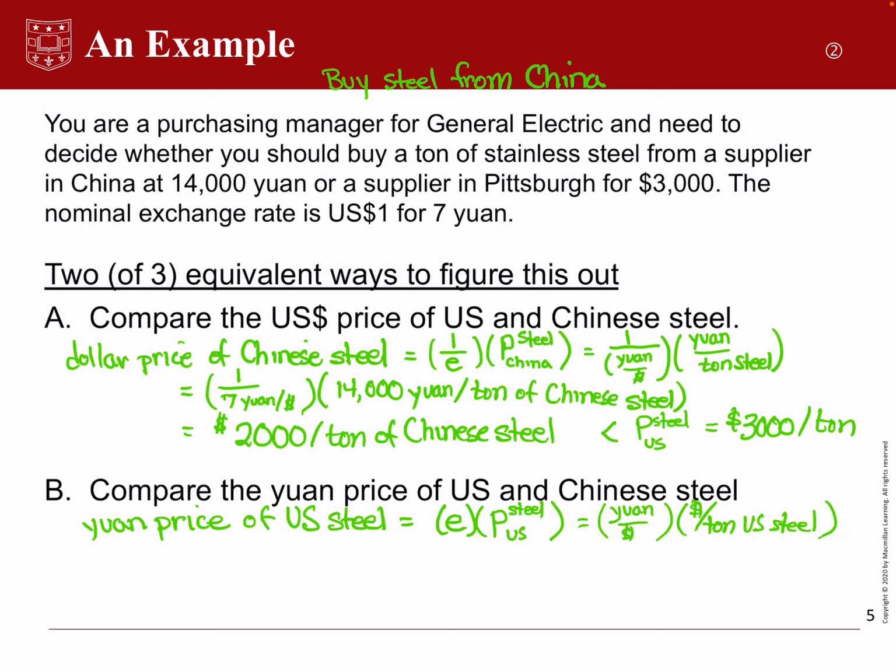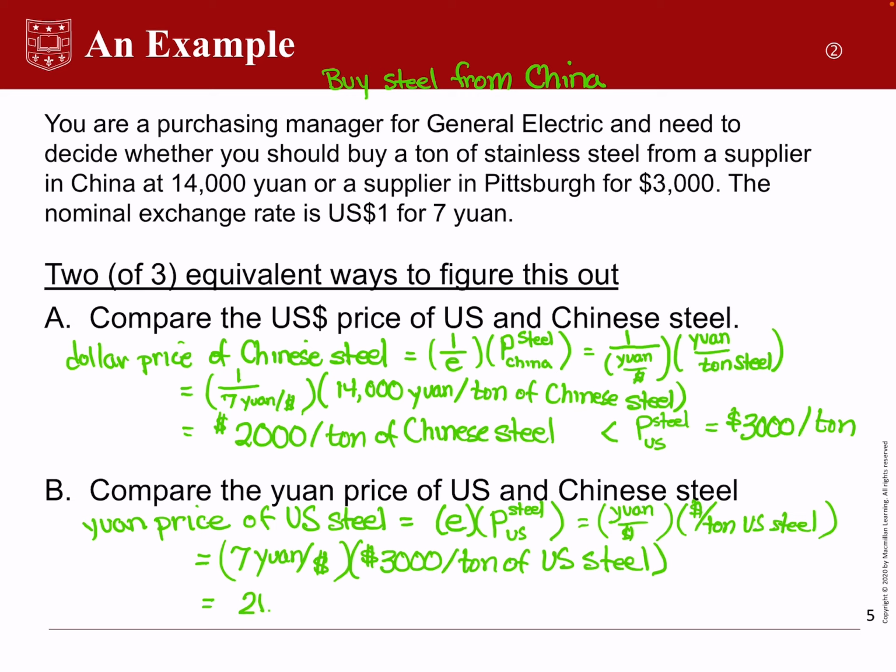And so the dollars are going to cancel out, and you're going to get yuan per ton of US steel. So in particular, this would be 7 yuan per dollar. That's our nominal exchange rate that we're told. And the price of US steel is $3,000 per ton of US steel. And what do we come up with?